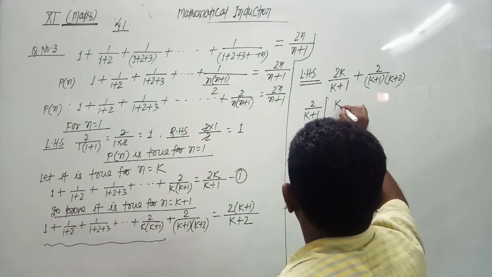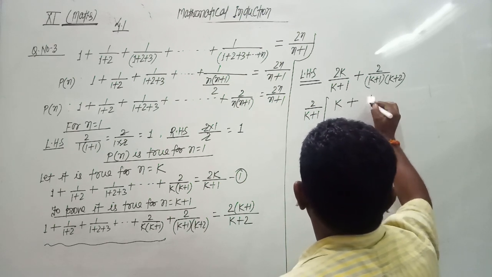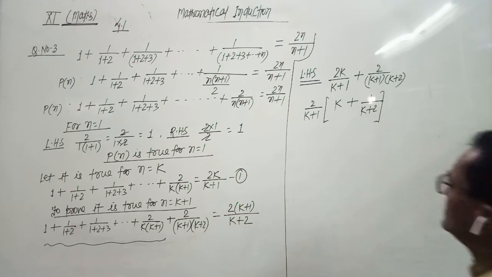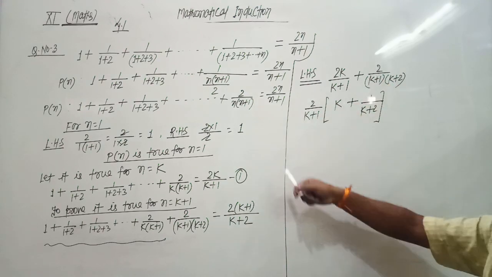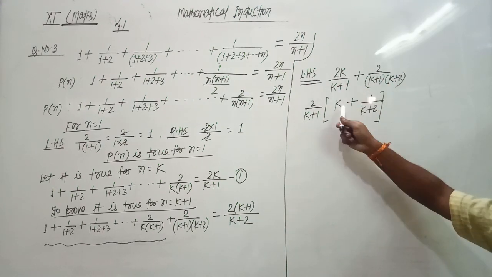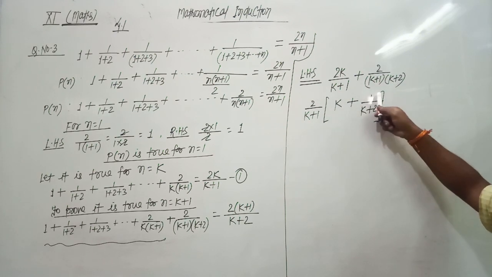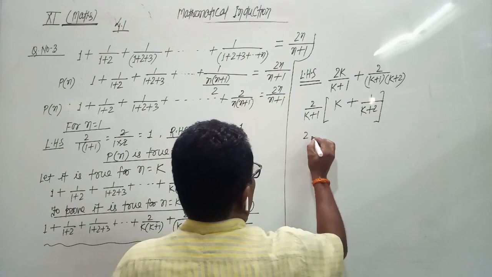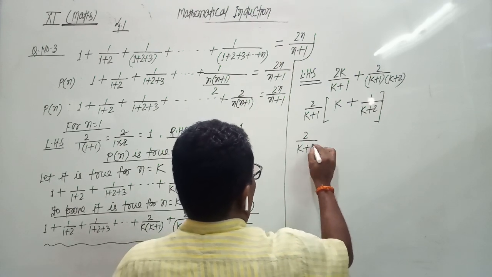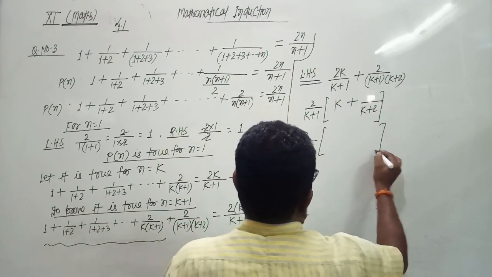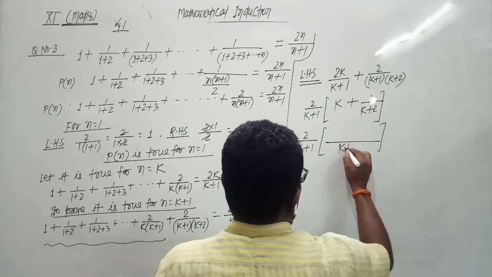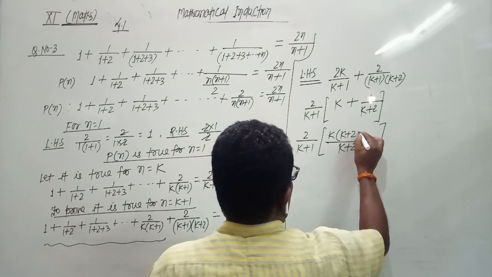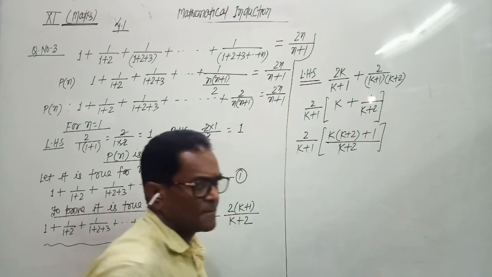Here we get k plus 1 upon k plus 2. 2 upon k plus 1 we have taken common, here it remains k, and in the next step it remains 1 upon k plus 2. So 2 upon k plus 1, by taking LCM k plus 2, we get k into k plus 2 plus 1.